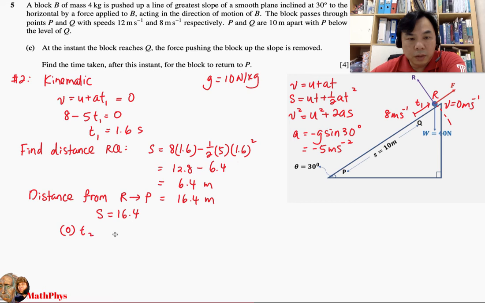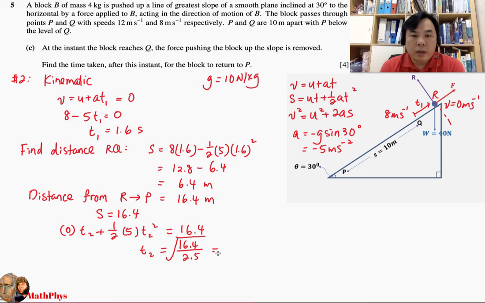For the second part, because it's moving downward, the gravitational acceleration is 5. So T2 is equal to the square root of 16.4 divided by 2.5. All right, and then we should be able to get, let me check one more time.